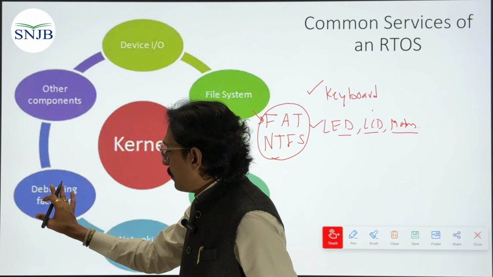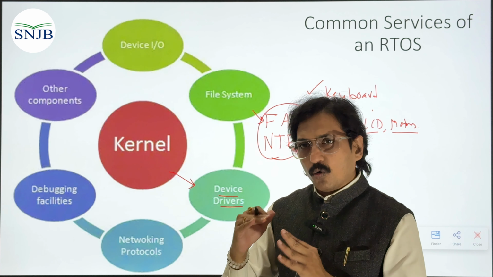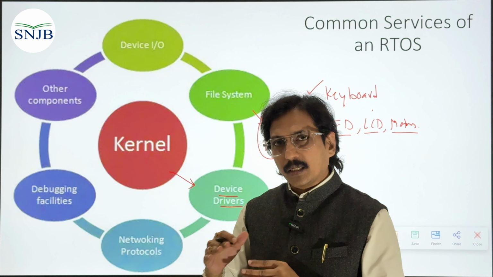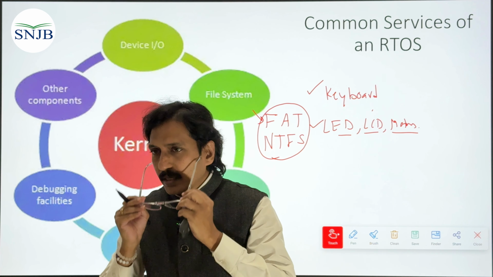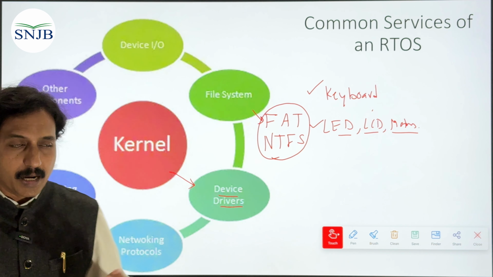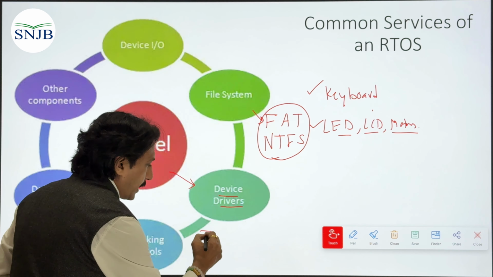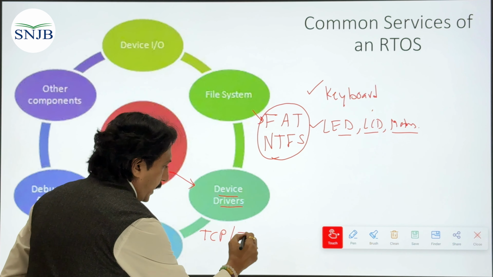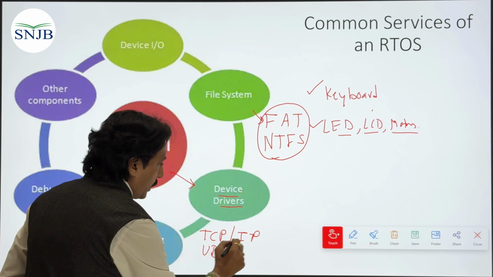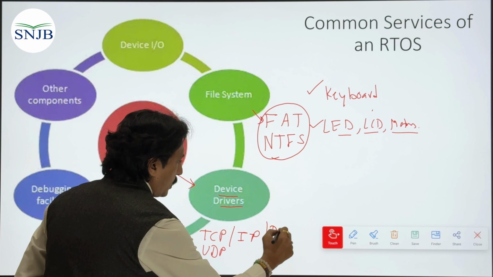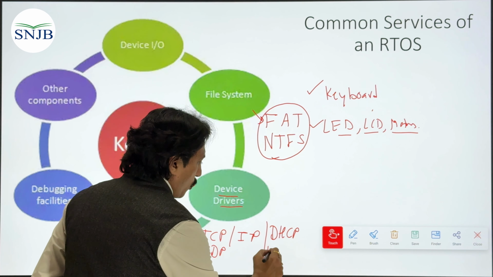As far as debugging facilities are concerned, if we would like to check the output of a particular instruction while a particular task is being executed, in those cases the debugging facilities can be utilized. Networking protocols like transmission control protocol, internet protocol, user datagram protocol, dynamic host configuration protocol, hypertext transfer protocol.